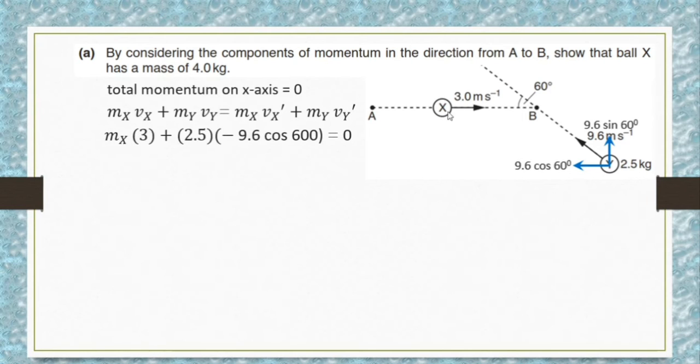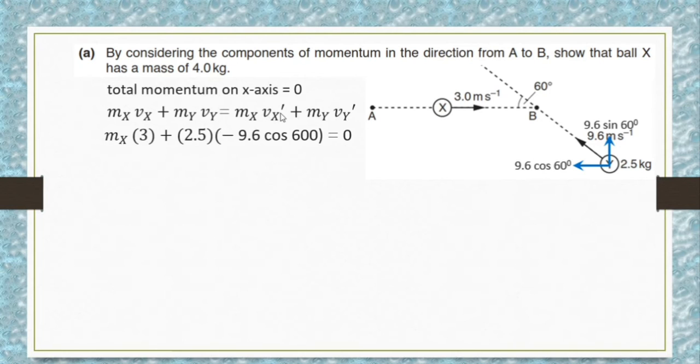Mx multiplied by vx, which is 3 meters per second, plus my multiplied by vy. On the x-axis, it is 9.6 times the cosine of 60 degrees, but it will be given a negative sign because it moves in the opposite direction to the direction of x. Equals mx vx prime plus my vy prime.